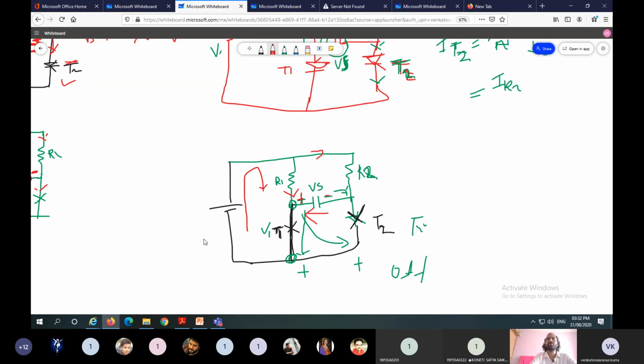Up to a particular time period, the current in the first thyristor IT1 equals IR1 plus IR2.